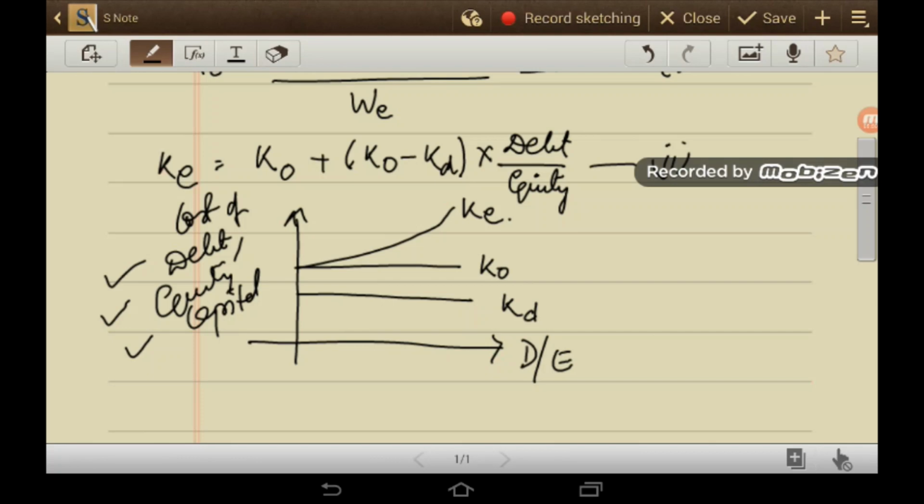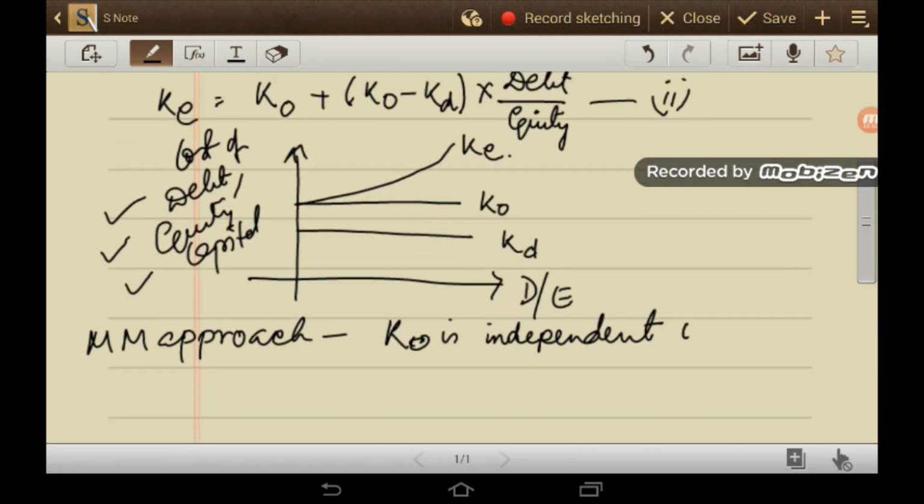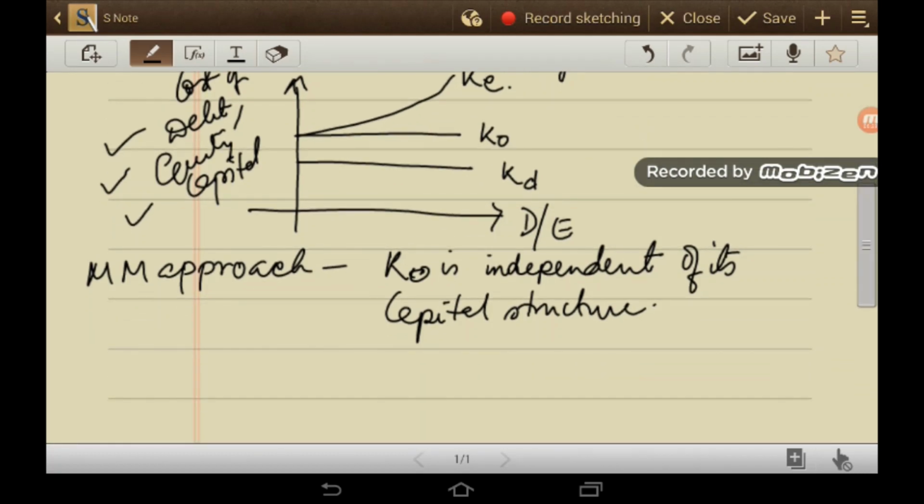So the KO approach suggests that the cost of capital, KO, is independent. Overall cost of capital is independent of its capital structure. So cost of capital will remain fixed.